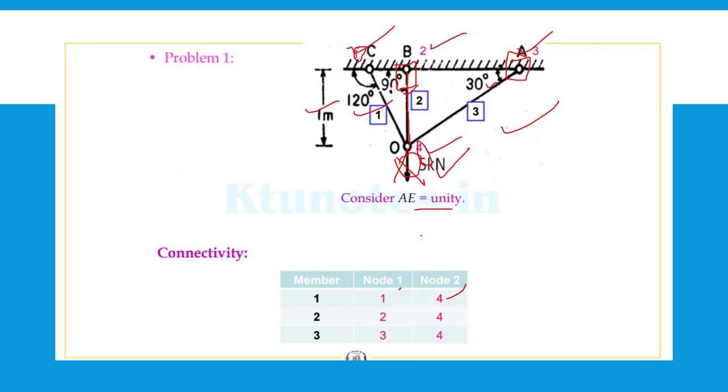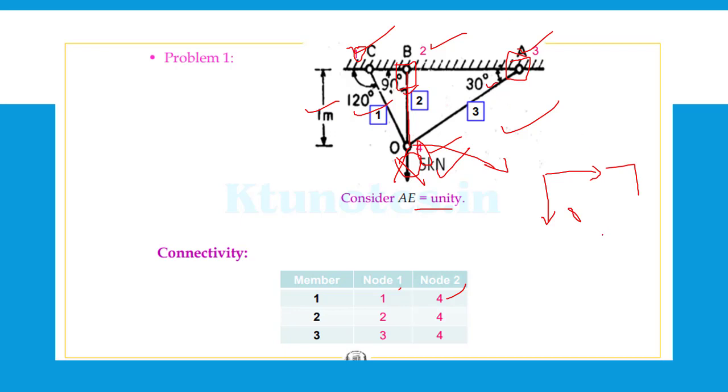And in the global coordinate, at the point O, it will be 7 and 8. 7 and 8 will be the global coordinate values. Initially this was 3, 4 for the first element, and it will be 3, 4 for all the elements in the local coordinate.